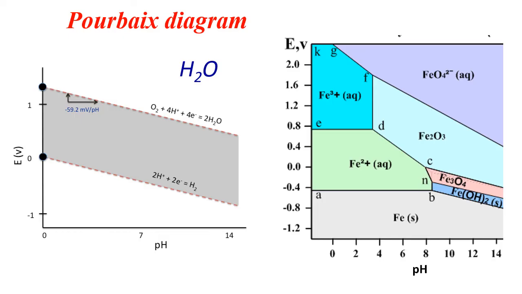Pourbaix diagram helps us to see what's going on at different pH. So on the y-axis you have potential, on the x-axis you have pH value from 0 to 14 usually. In between you have predominant species. For example, for water, this gray area is the area of stability of water.